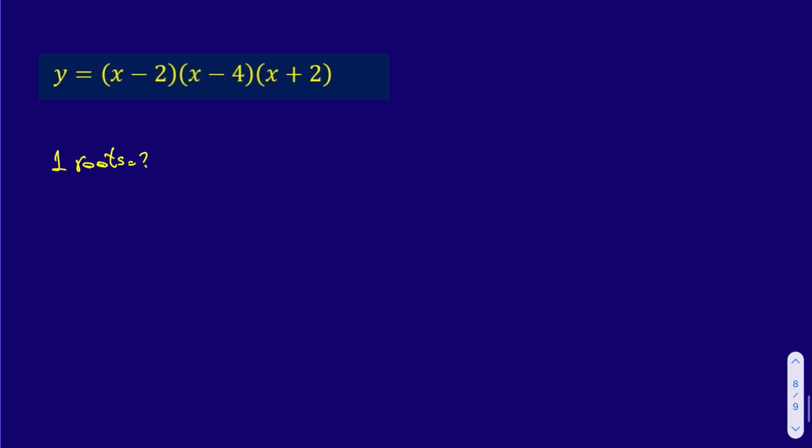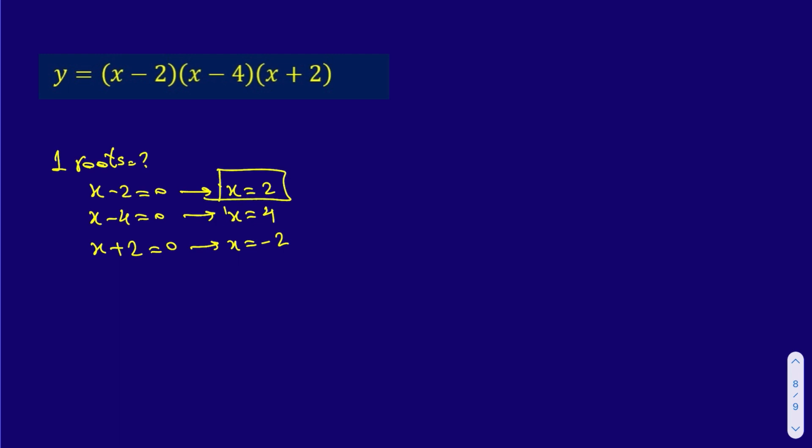We just need to set each parenthesis equal to 0. So therefore, x minus 2 is equal to 0, x minus 4 is equal to 0, x plus 2 is equal to 0. Therefore, x will be equal to 2, x will be equal to 4, and x will be equal to -2. So these are the roots of the polynomial.